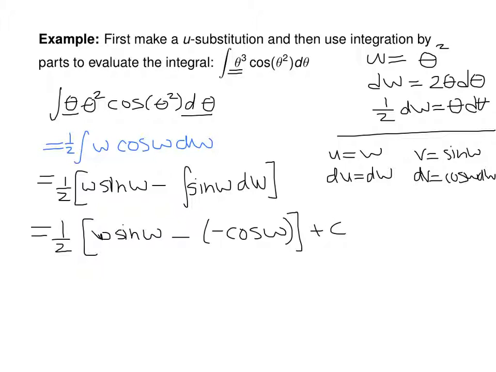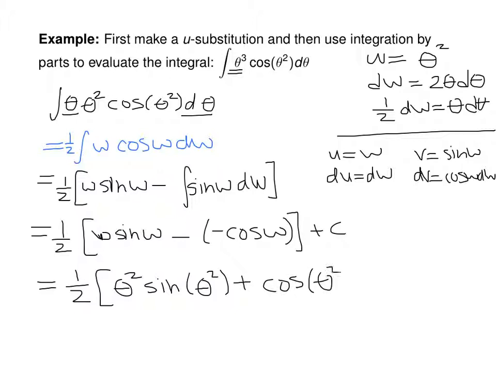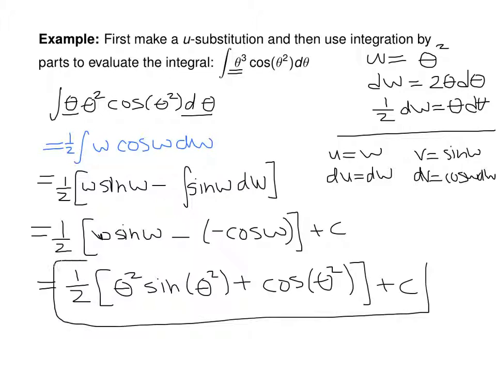Let's insert what w is, and we get 1/2 theta squared sine of theta squared plus cosine of theta squared plus c. And that's a little tricky because you have to recognize how to break up that theta squared to apply these two techniques. But that's an illustration of how they can be combined to find antiderivatives.